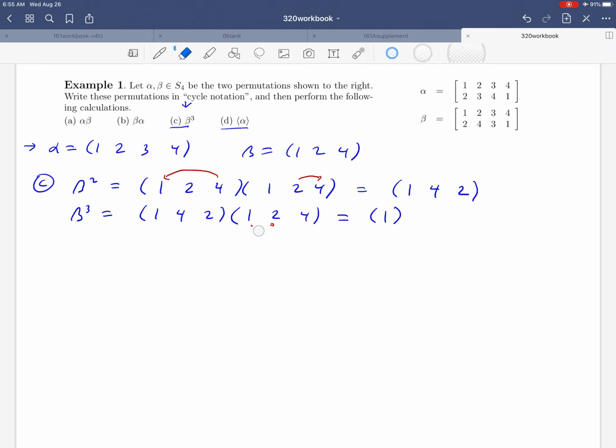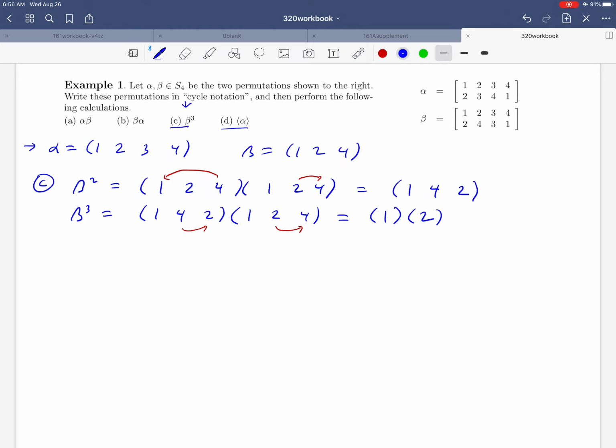We've got several other numbers to talk about: 2, 3, and 4, so let's just pick one of them. Where does 2 go? 2 maps to 4, and 4 maps to 2. We started at 2 and we ended at 2, so that cycle also closes.